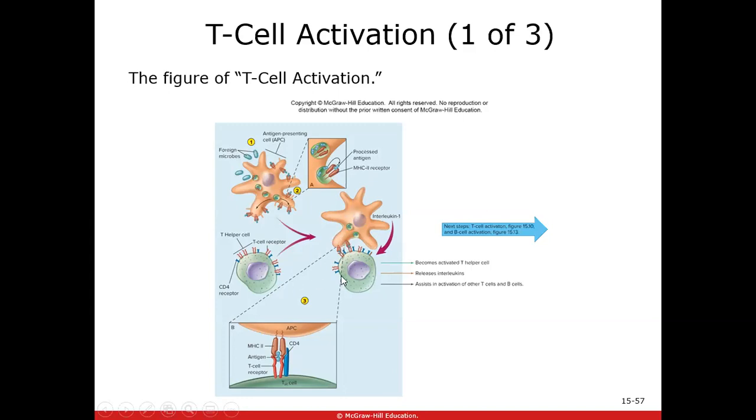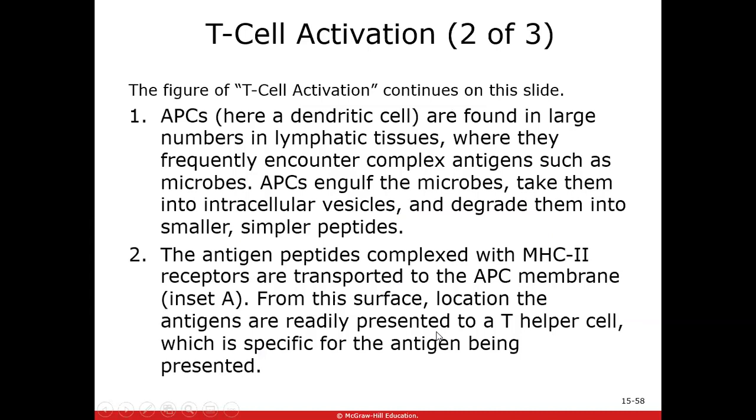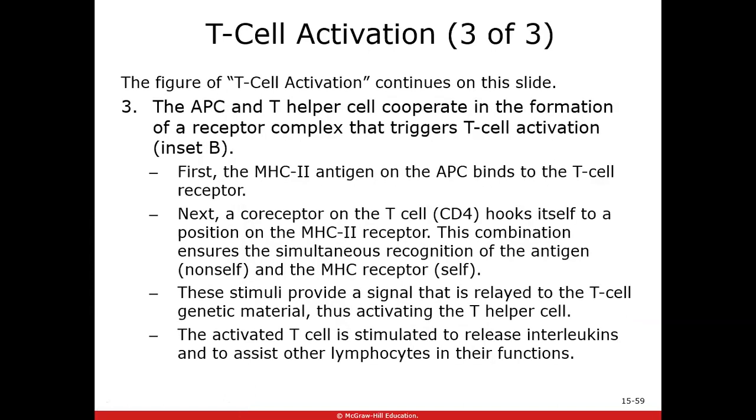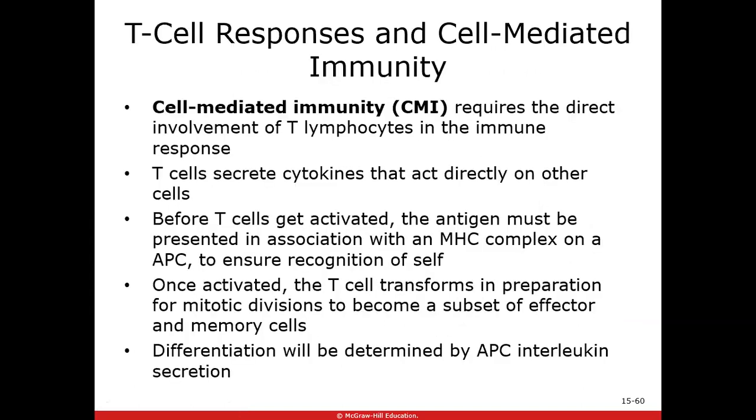Then it goes into those things I talked about, where the B cell divides into a memory B cell or divides into a plasma cell. It releases immunoglobulins. Okay. I want to ask you specifically about APCs, MHC. So let's just go through here.